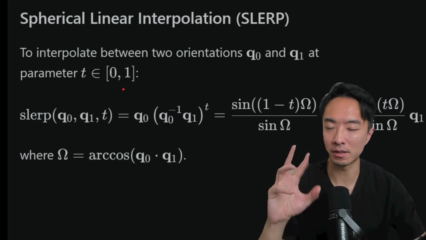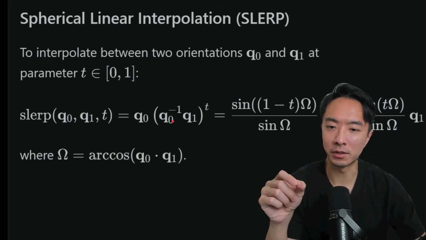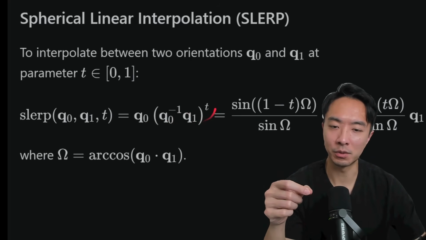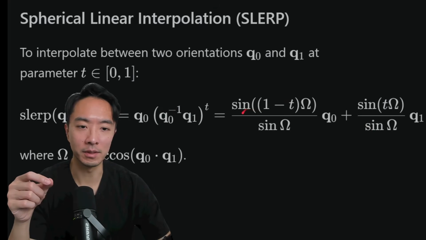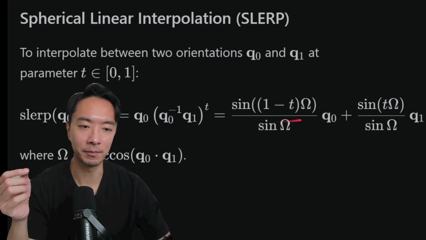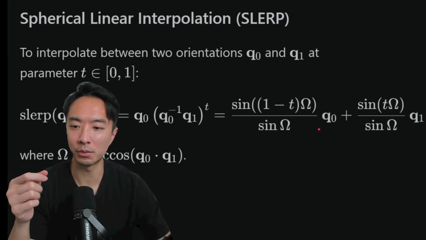Actually, not time, it's just a parametric parameter. Then what you want to do is have Q0 times Q0 inverse times Q1 to the t. If you expand this out, it's going to be sine of (1 minus t) omega divided by sine omega times Q0, plus sine of t omega divided by sine omega times Q1.